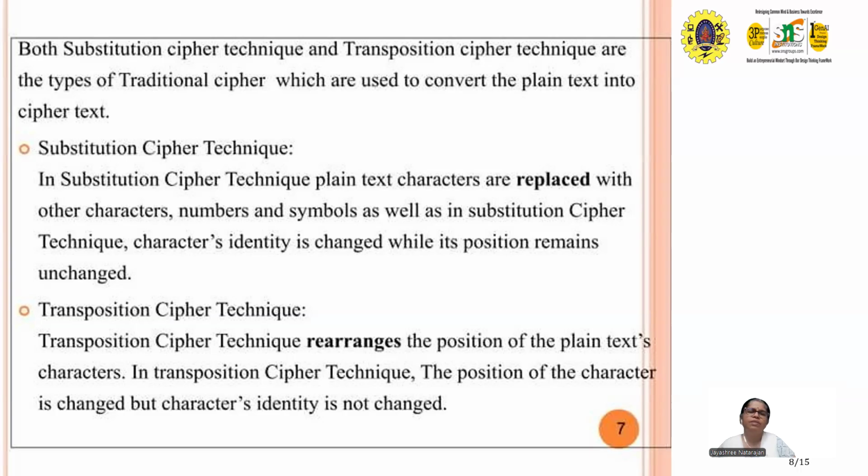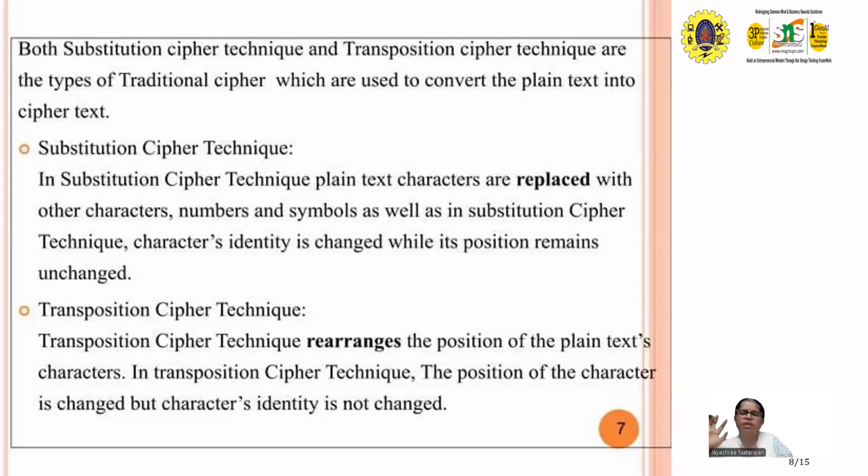In the substitution cipher technique, the character's identity is changed while its position remains unchanged. There are 4 to 5 techniques in substitution. We will discuss them one by one.